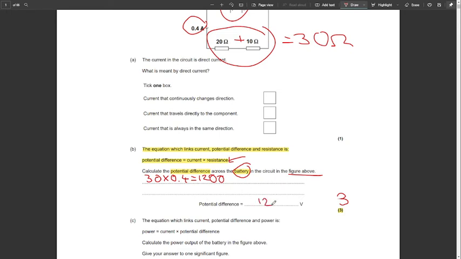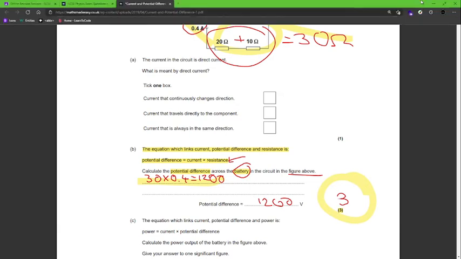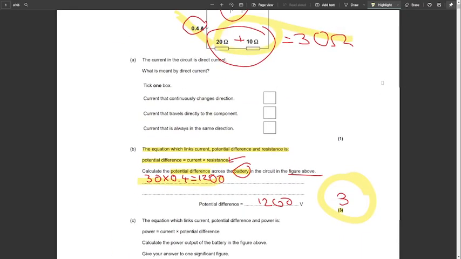So your potential difference is 120,000. But can you see, I've done 3 things. I've done this up here, I've done an equation down here, and I've also got this value just here. That's our 3 things completed. If you haven't done 3 things in your question, you are not going to get all of the marks that are available.